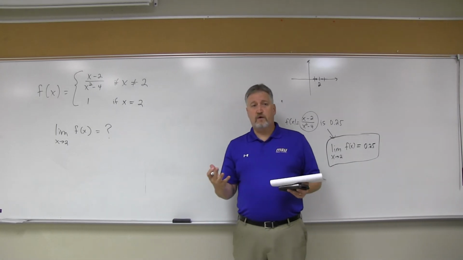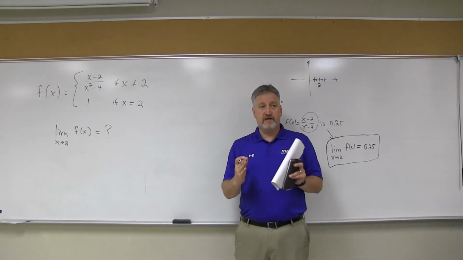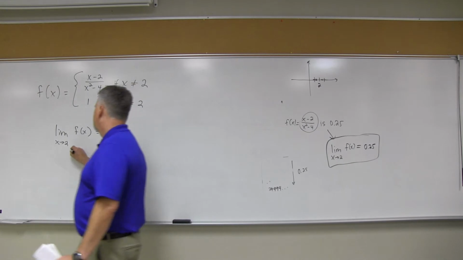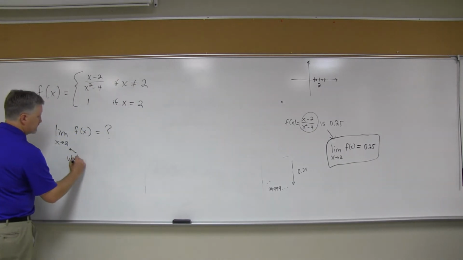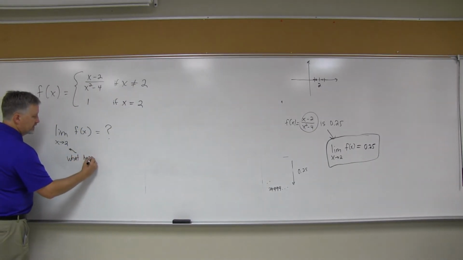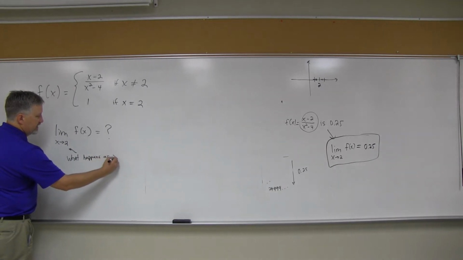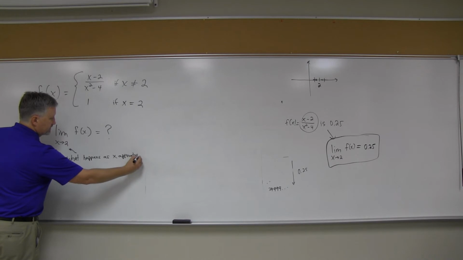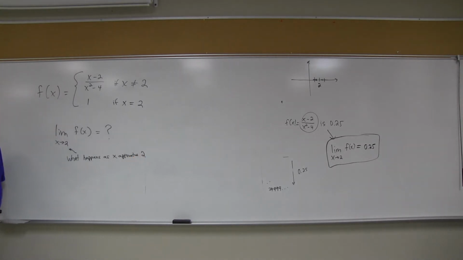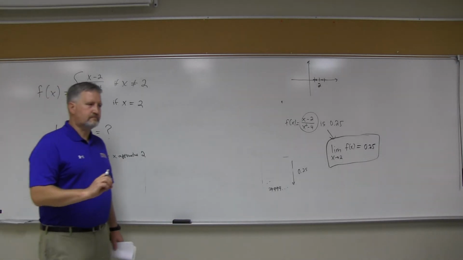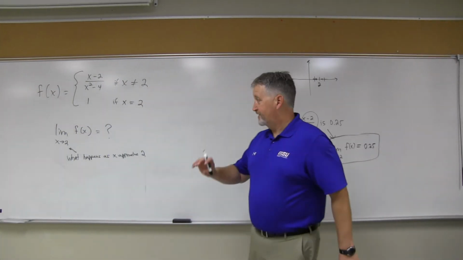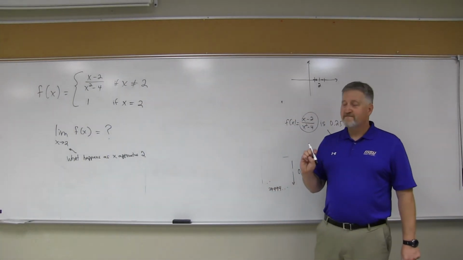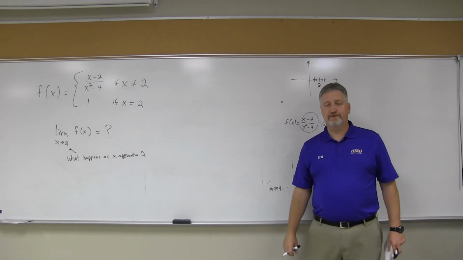It doesn't really matter what happens at 2, it's what's happening as you approach 2. So this is what happens as x approaches 2. Not necessarily what it is at 2. That comes into play, but as far as this limit goes, what happens as x approaches 2?